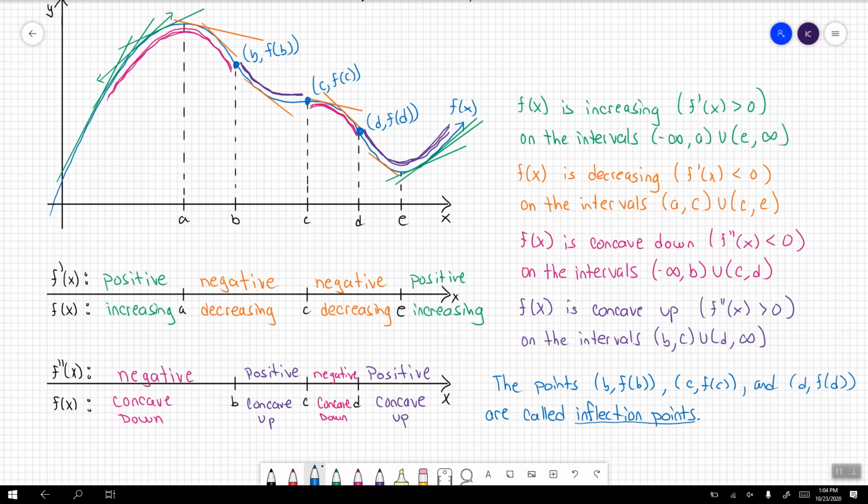And again, these inflection points are where the graph switches concavity.